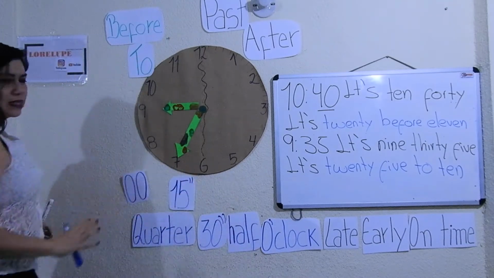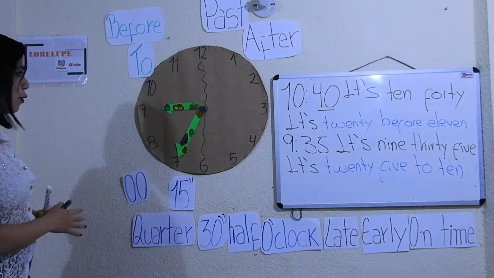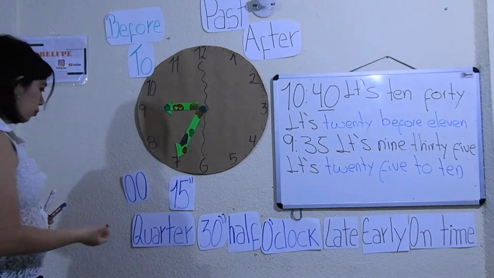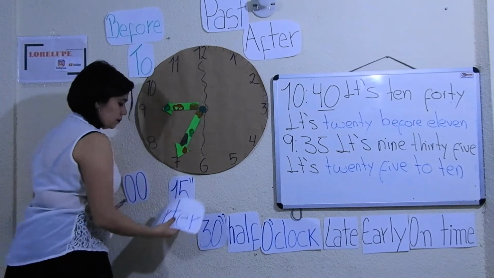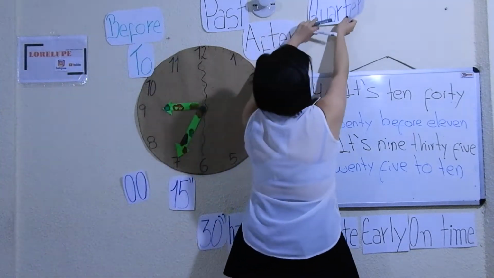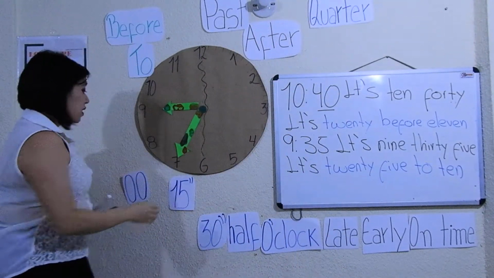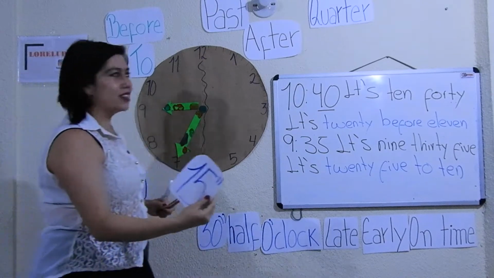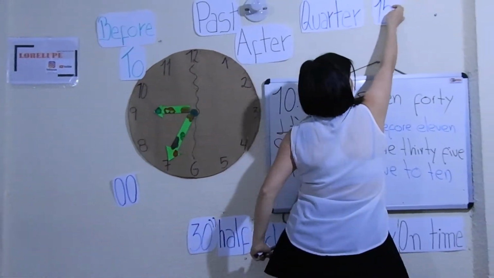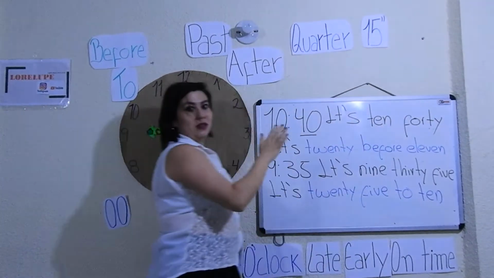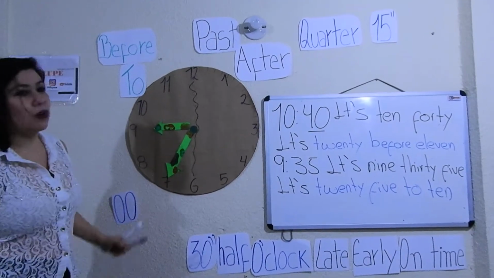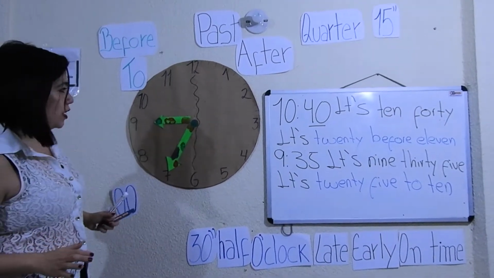But now if you can see, I have more vocabulary that is important to explain to you. Look at this word. I have the word quarter. Quarter. When you say quarter, it's exactly the same information as saying 15 minutes. 15 minutes or quarter is the same information.